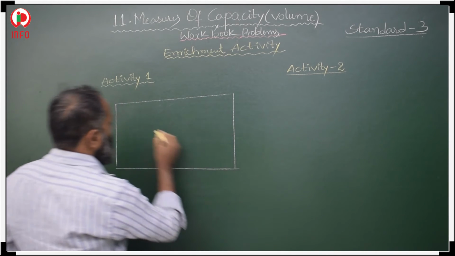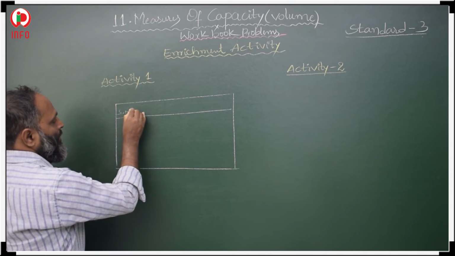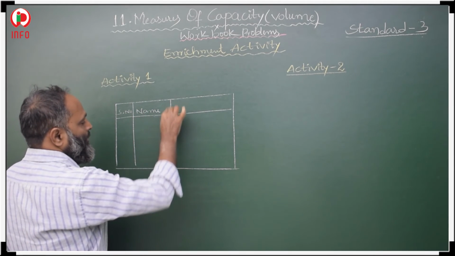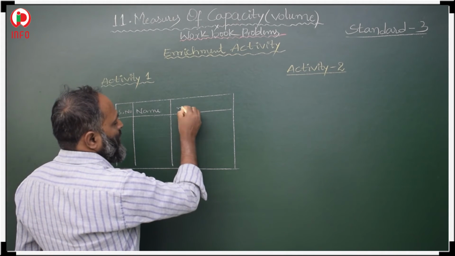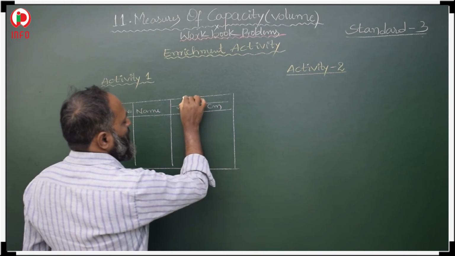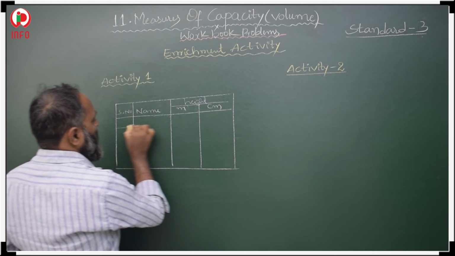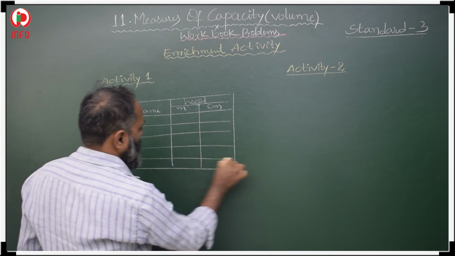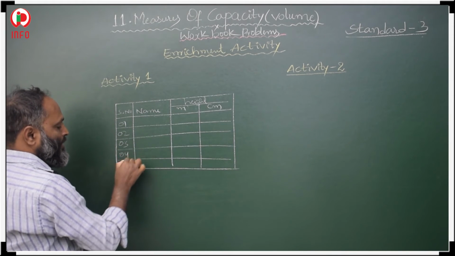Prepare a tabular form with serial number, name of the family member, then height in meters as well as in centimeters. Family member 1, family member 2, family member 3, family member 4. So, 01, 02, 03, 04, 05.